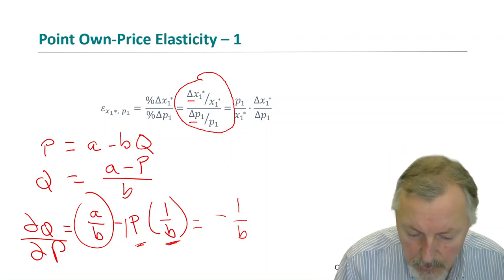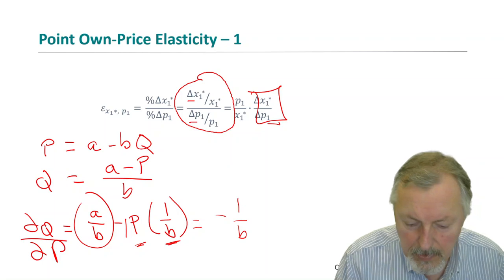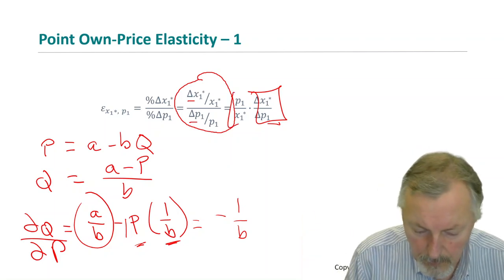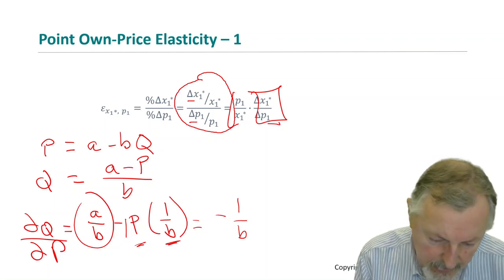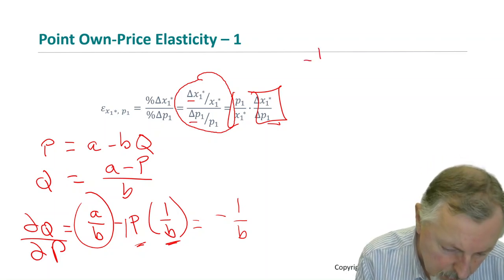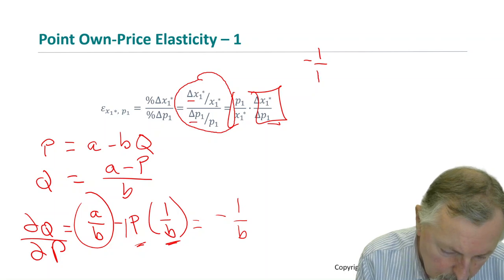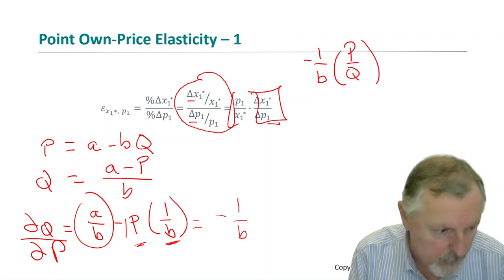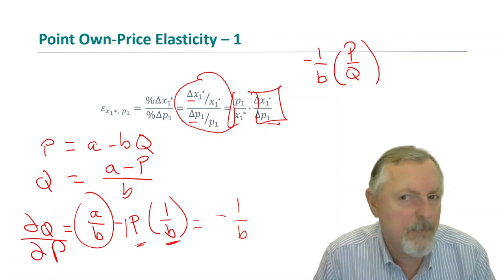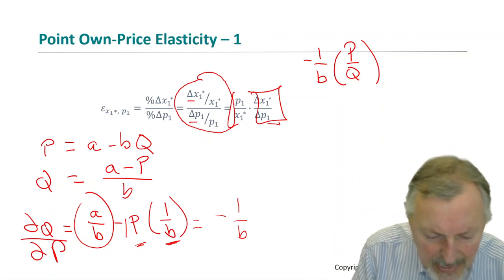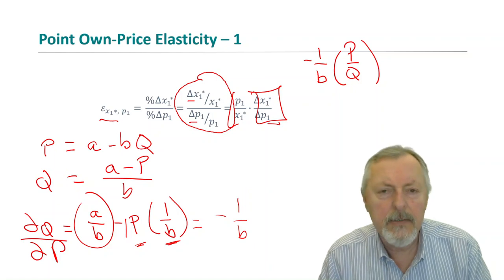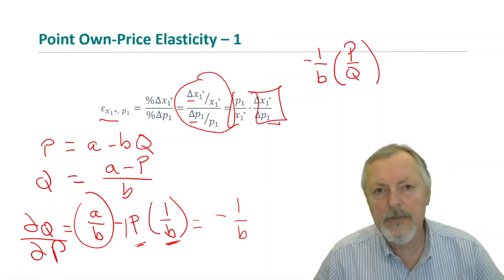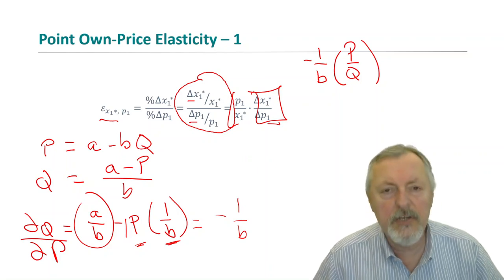But you need to multiply that times price over quantity. So that gives us -1 over B times P over Q. But this is a problem because the elasticity we want to find is a number that represents how much the quantity changes in response to a change in price.